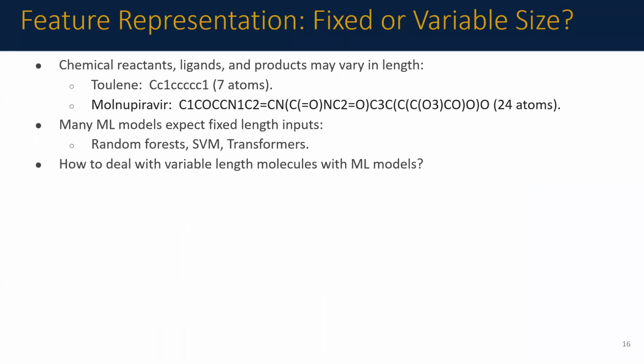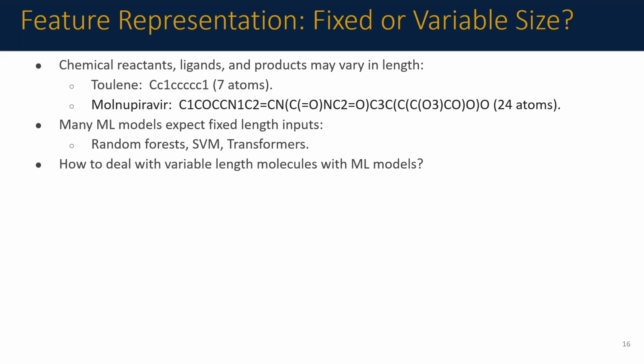Another thing that can come up in machine learning modeling with chemical features is that the actual molecules may vary in size. And typically, machine learning models like to accept fixed size information in the form of a vector or a matrix.